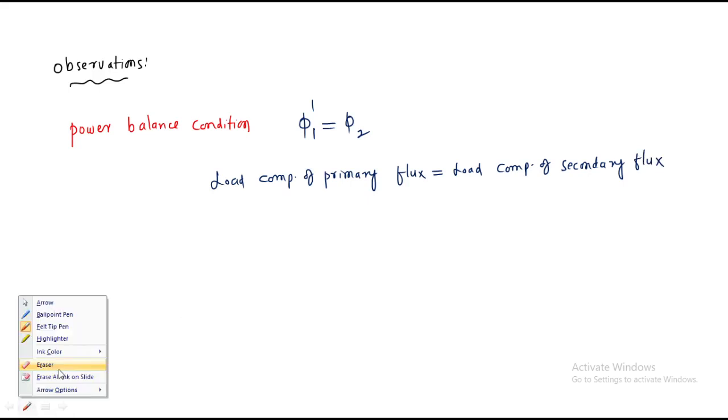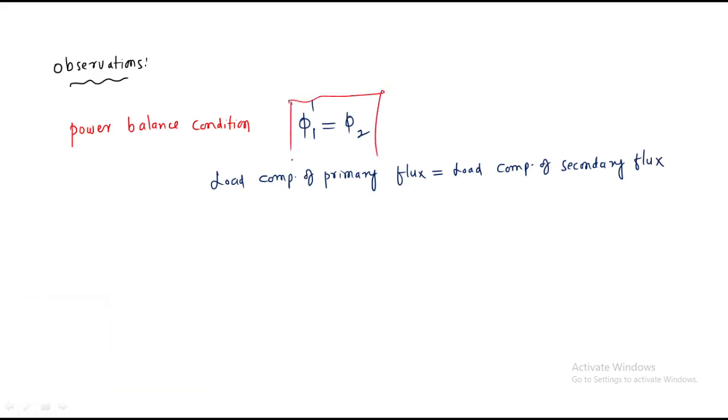So N1 I1 dash equals N2 I2, which means the load component of primary ampere turns equals the load component of secondary ampere turns, right?